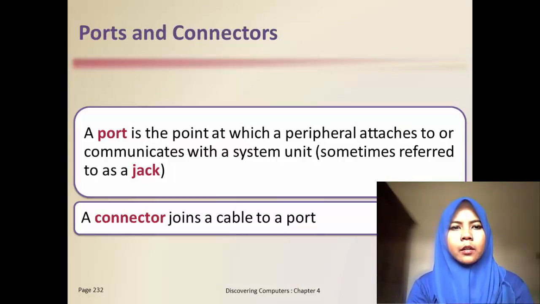Ports and connectors. A port is the point at which a peripheral attaches to or communicates with a system unit. A connector joins a cable to a port.